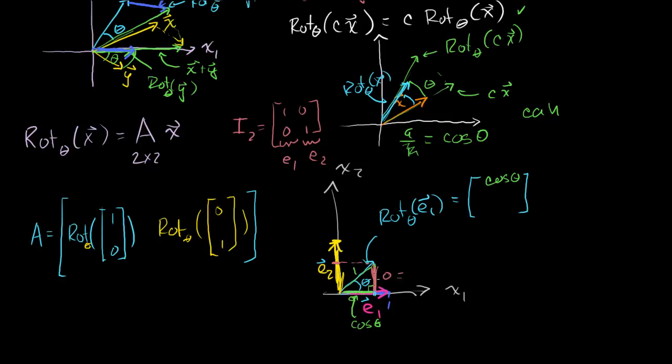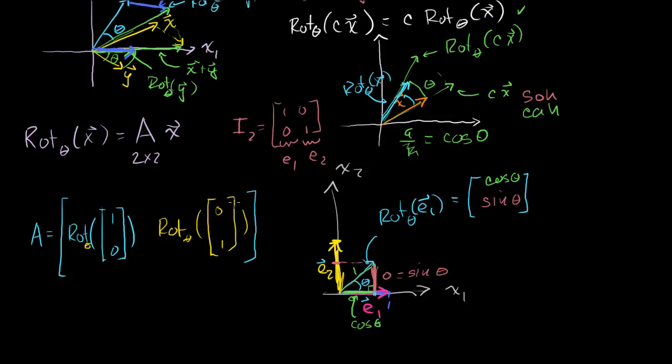So this over 1, which is just this, is equal to sine of theta from SOHCAHTOA. So this vertical component is equal to sine of theta. So the new rotated basis vector can be written as cosine of theta for its horizontal component, and sine of theta for its vertical component. This is the new rotated basis vector.